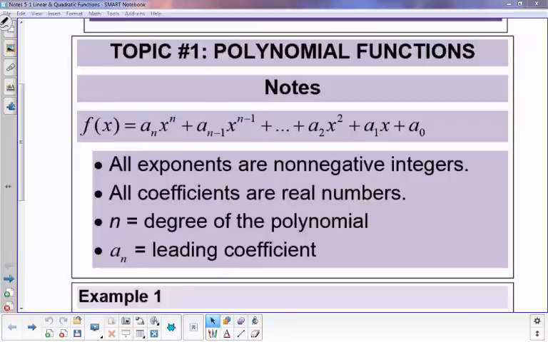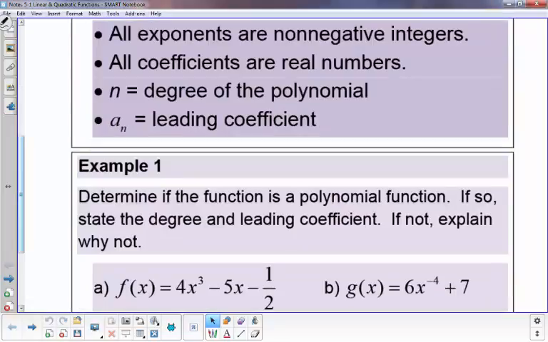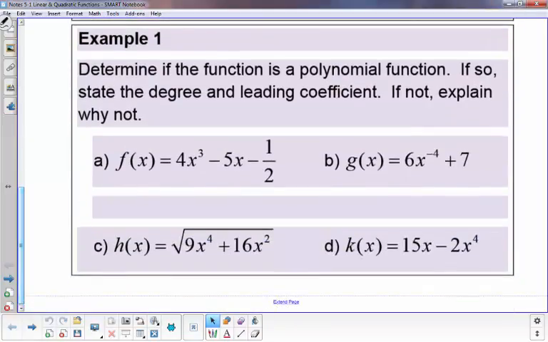So looking at this, we can determine if the function is a polynomial function. If so, state what degree and the leading coefficient. If not, explain why not. If we look at the first one here, 4x cubed minus 5x minus 1/2, we will see that all our exponents are non-negative, and everything's a real number.